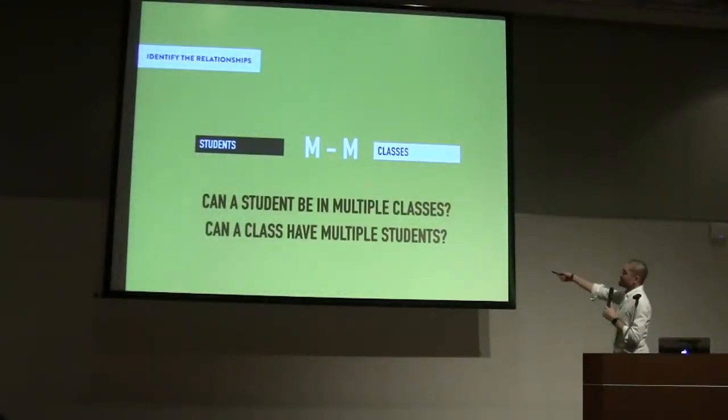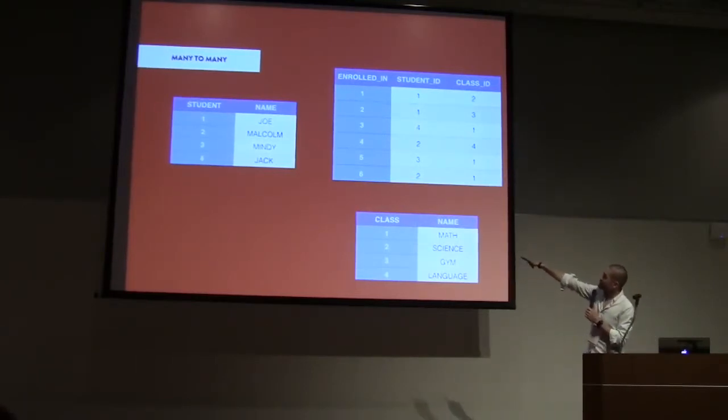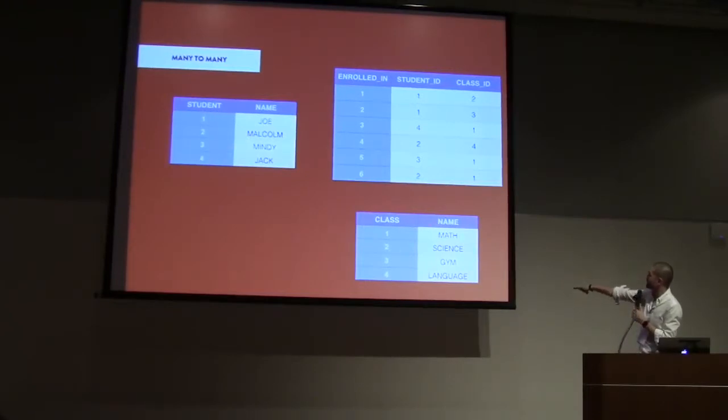So real quickly, many-to-many. Can a student be in multiple classes? Yes. Can a class have multiple students? Also, yes. But how do you capture that within a database? The key is the relationship itself is within its own table. So you see up here, the students, 1, 2, 3, 4 primary key, and then the class, 1, 2, 3, 4 for the names of the class, and then the relationship itself is listed out in the relationship table, enrolled in.